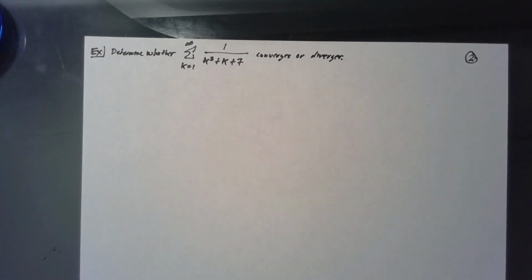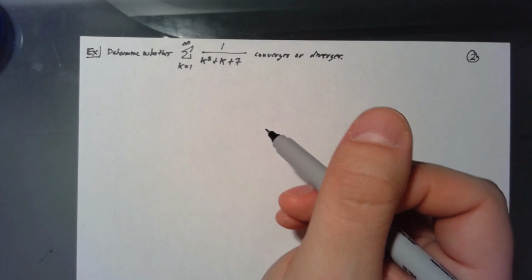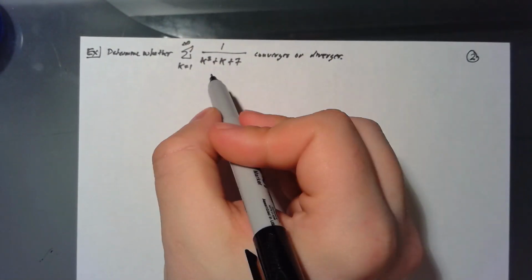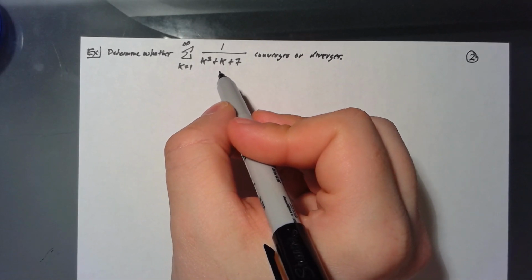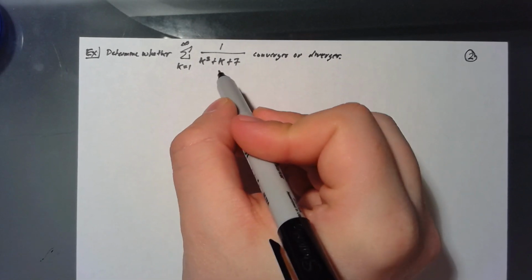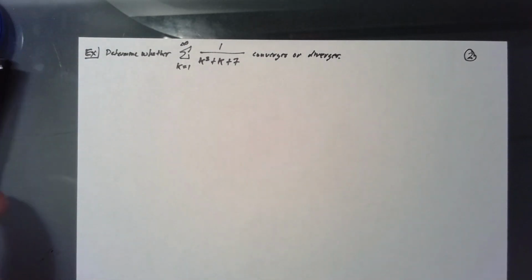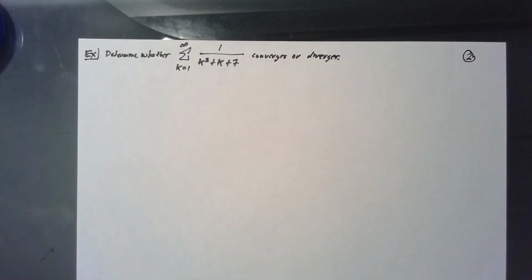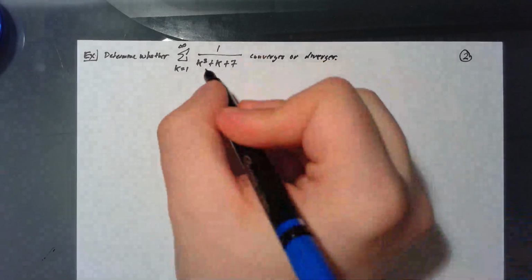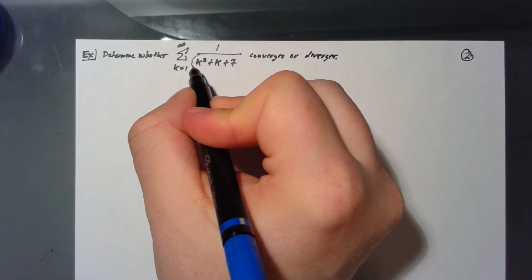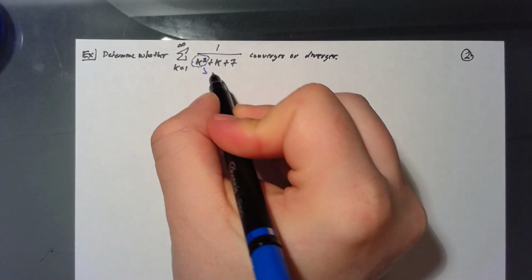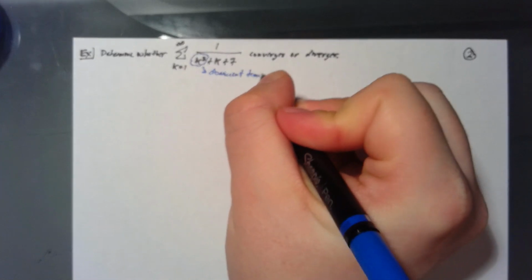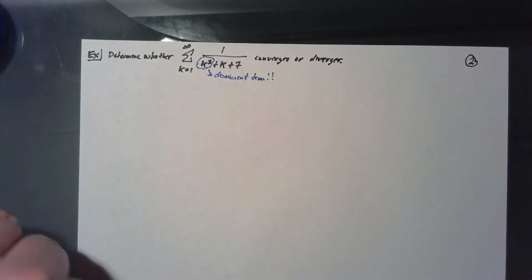So here's what we do. Does this series have positive terms? Yeah, that's pretty easy to see. So instead of using the integral test, I want you to look at the dominant terms here in the series. The numerator is just 1, okay. But what's the dominant term in the denominator? It's k cubed, right? That's the dominant term down there.